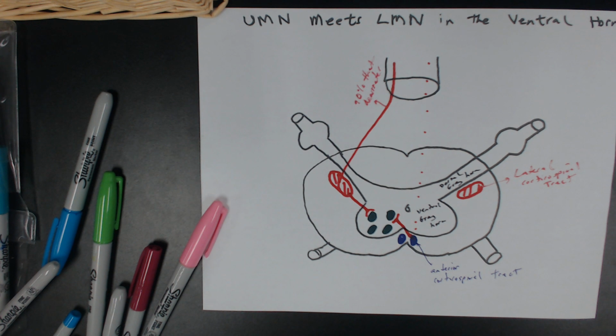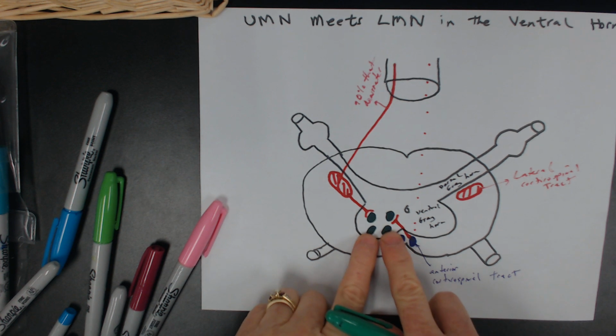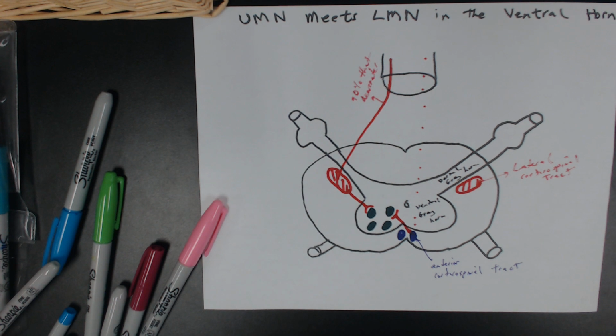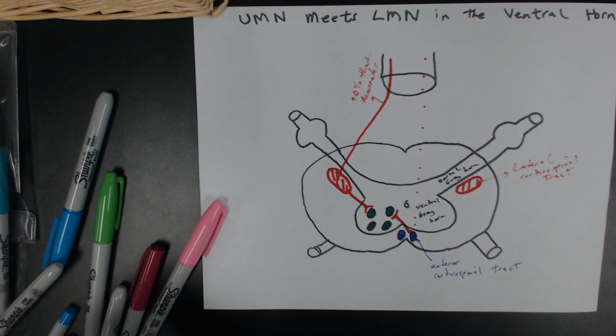Okay, any other questions? So, pretty straightforward. The one more important thing that you need to know about this slide is that the neuronal cell bodies of the lower motor neurons in the ventral gray horn exist in a somatotopic relationship. Okay, so I'll write that over here.